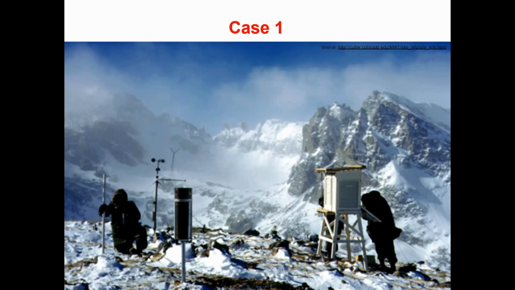So lightning can be a serious issue. And then finally, if we're imagining trying to measure snowfall using this sort of gauge, it's so high above the ground that the amount of snowfall that you would catch here would be way too small, especially in windy conditions. All right, very good.